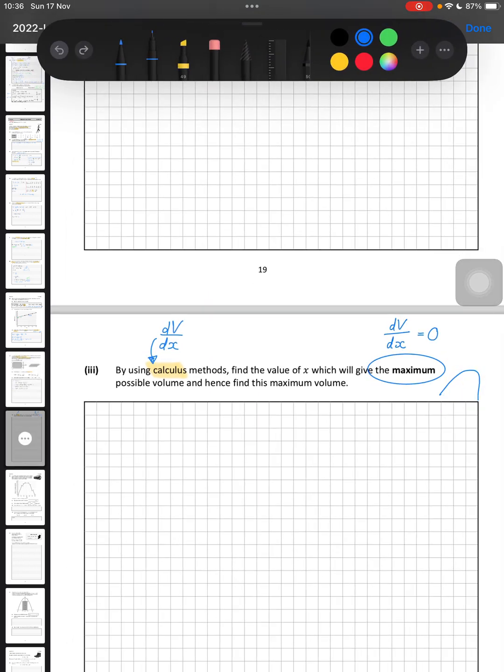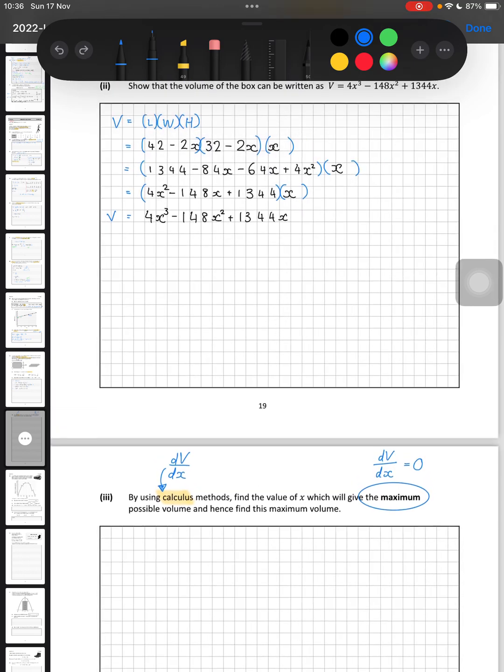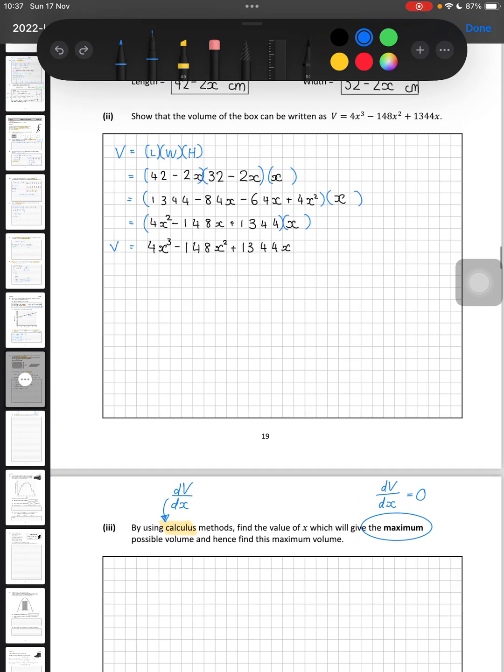We need to find the first derivative of the volume first. My volume was found in the last part, and even if you didn't get part I, they actually gave you what the volume was, so that was very nice of them.